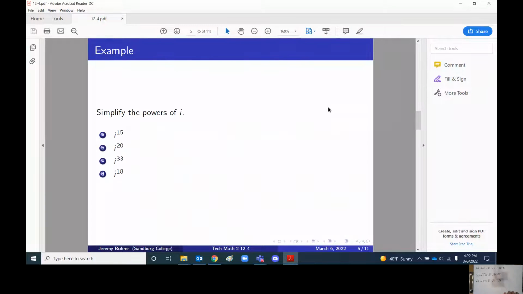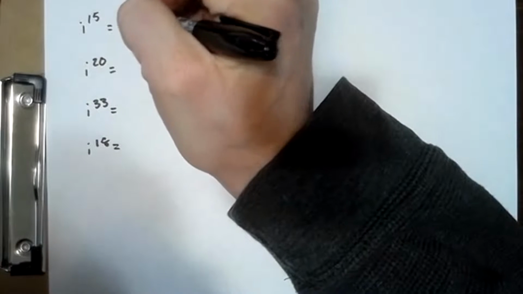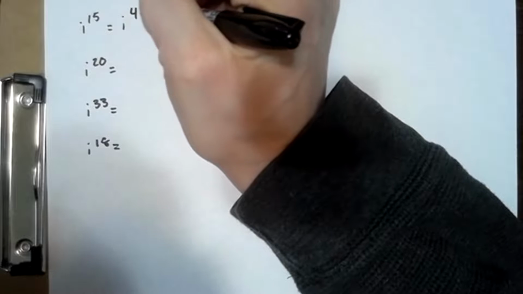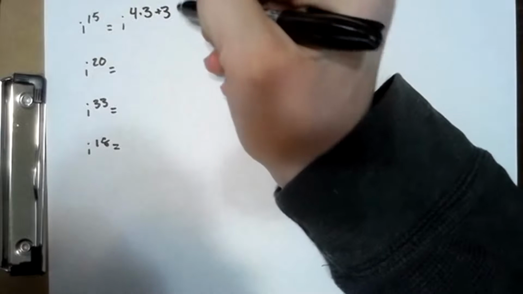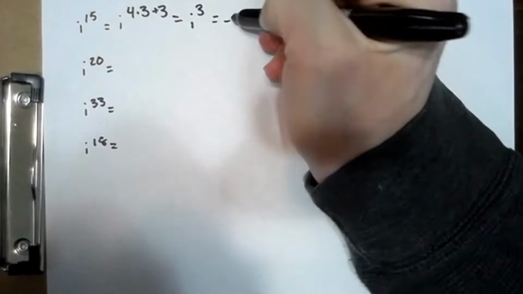Next problem, we're asked to simplify these powers of i. Okay, well, the rule here is that the value depends on the power. This is i to the 4 times 3 plus 3, which is equal to i to the third power, which is -i.